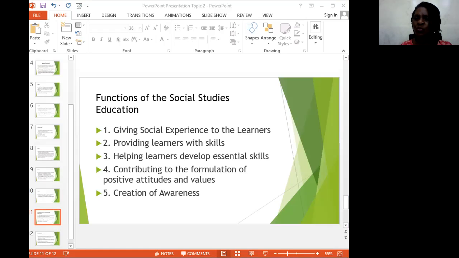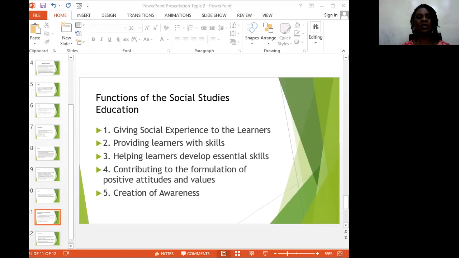Social studies helps in providing an opportunity for children and young adults to have various social experiences and to obtain relevant information that will enable him or her to benefit from interaction with other members of the society or the community in which he or she lives, giving social experience to the learners.